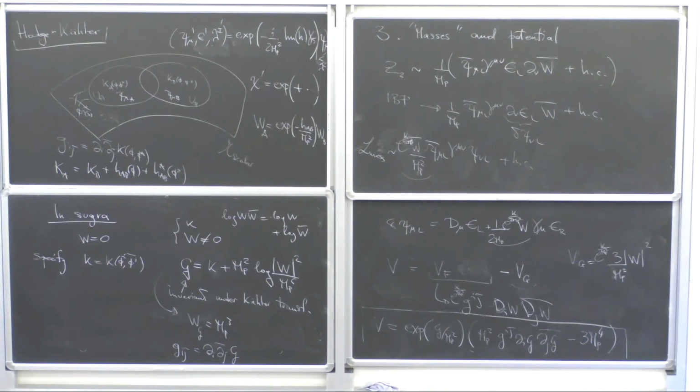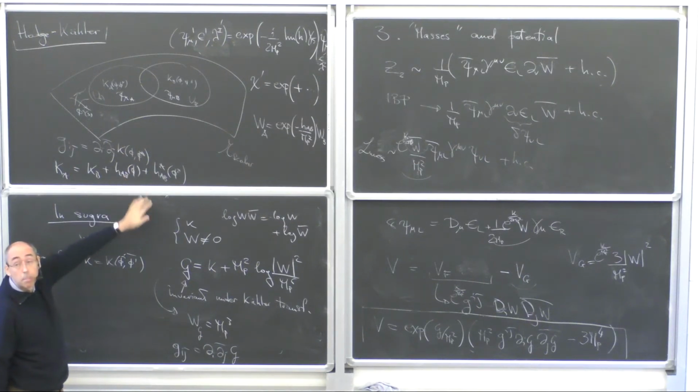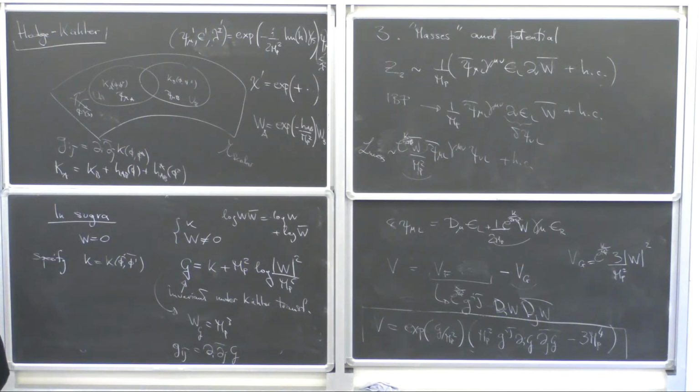Yes, the U(1) that we mentioned before, the chiral U(1), is actually part of the full line bundle. You have really a line bundle here, and the W is a section of the line bundle. The U(1) is just the phase in there.